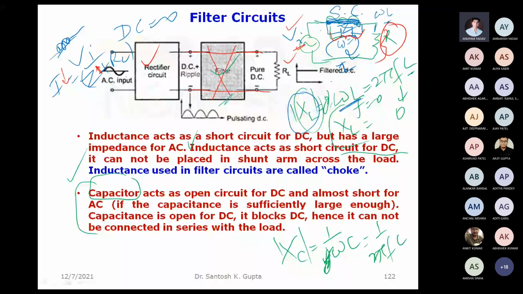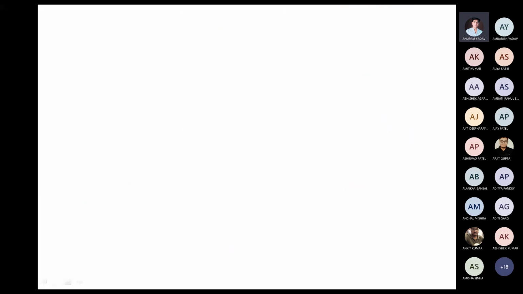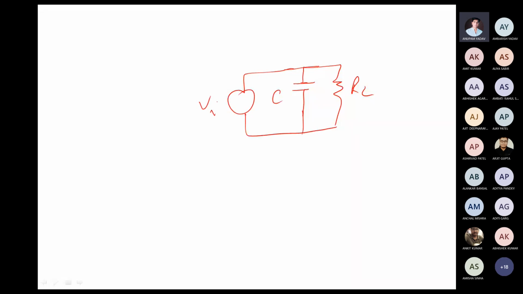For the capacitor, we are trying to use it in parallel. So let us have a circuit here. Suppose we have a load resistance RL here, a capacitor C, and an input signal Vi, something like this.